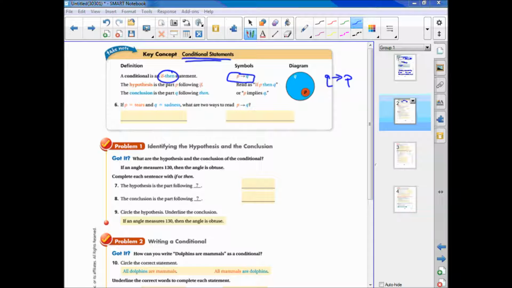All right, so the hypothesis is the part P following the if, and the conclusion is the part Q following the then, okay? So if P then Q can be rewritten as P implies Q. So if the P thing is true, then the Q thing is true, okay? So if P is equal to tears and Q is equal to sadness, what are two ways to read this statement?